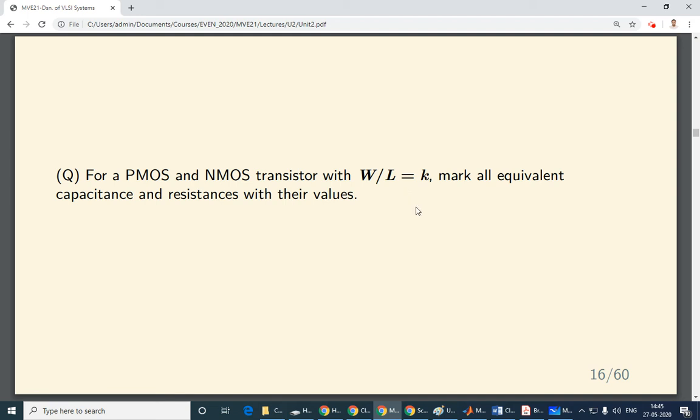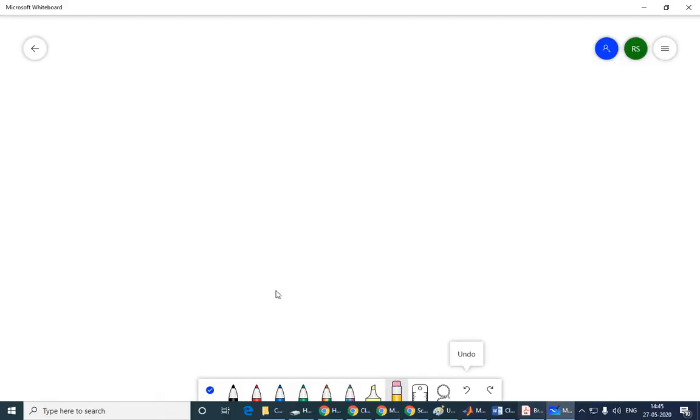This is very useful because we can do this for any W by L; instead of K, just put that number 2, 3, 4, whatever. So just as a reminder, we will draw this. I have an NMOS transistor and W by L is some K. I don't know what it is, so just put it as K. And I also have a PMOS transistor of the same size.